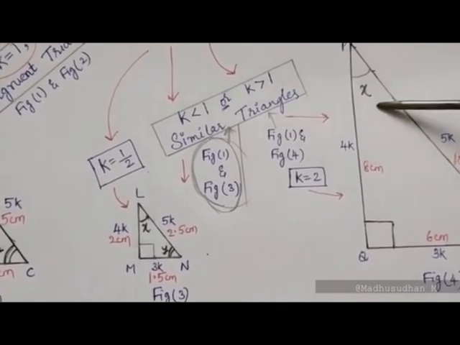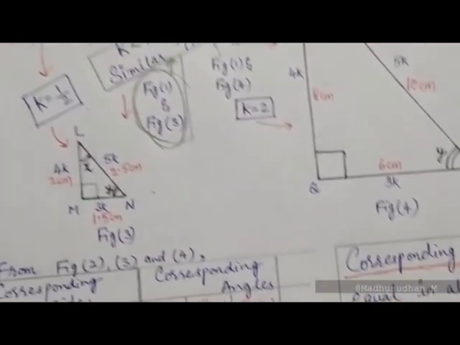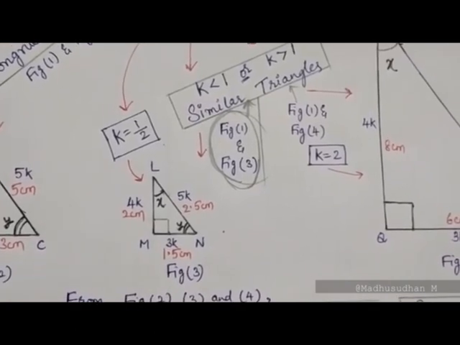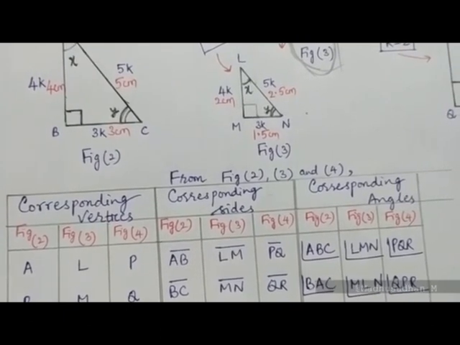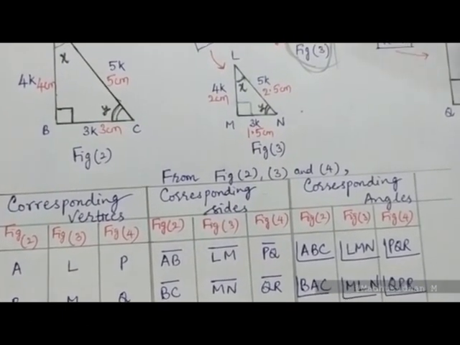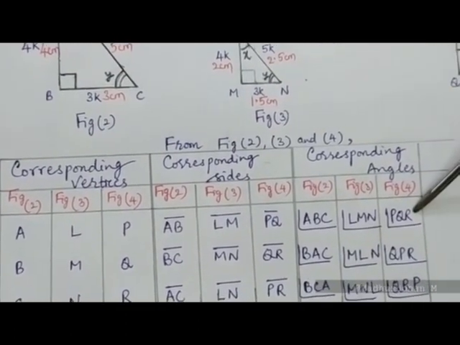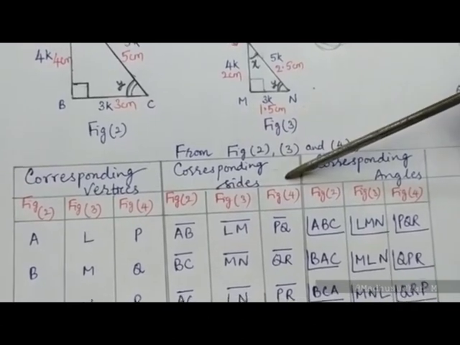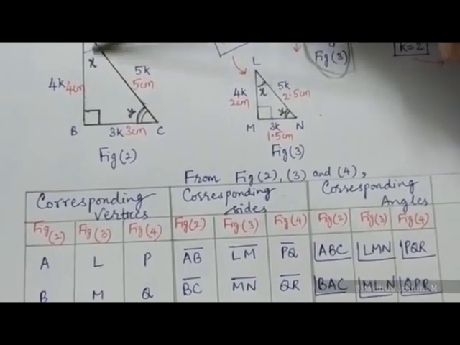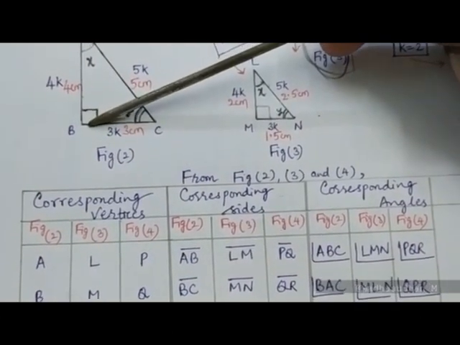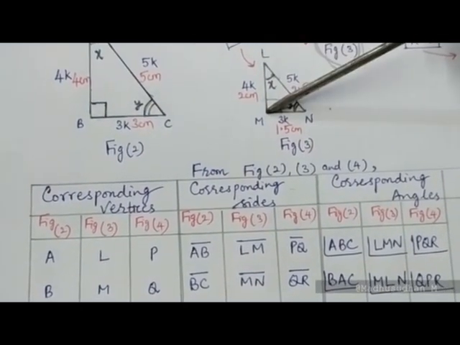The angle X would be exactly equal to 37 degrees, measurable through the protractor. So observing figure 2 and figure 3 and this table, the corresponding sides: for figure 2, if AB is equal to 4 centimeters, the corresponding side in figure 3 shall be LM.